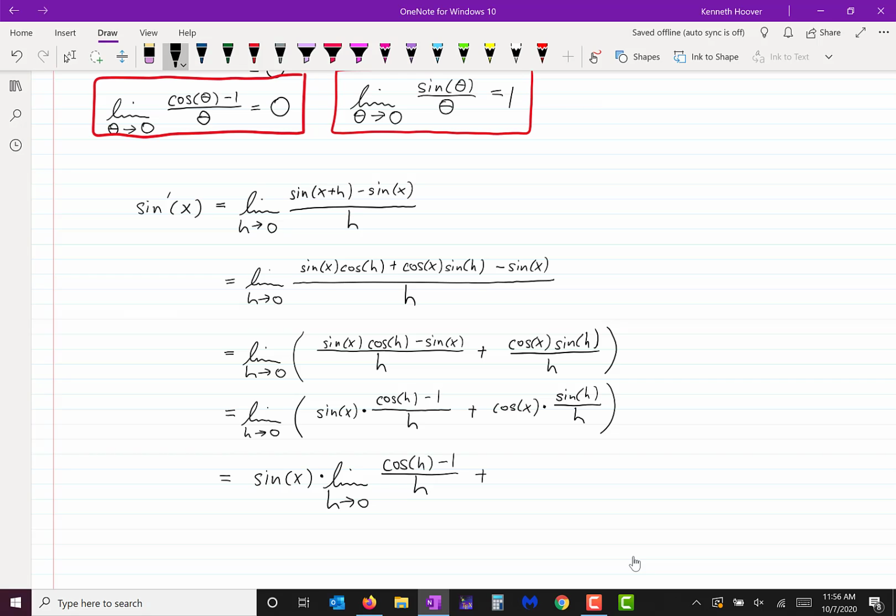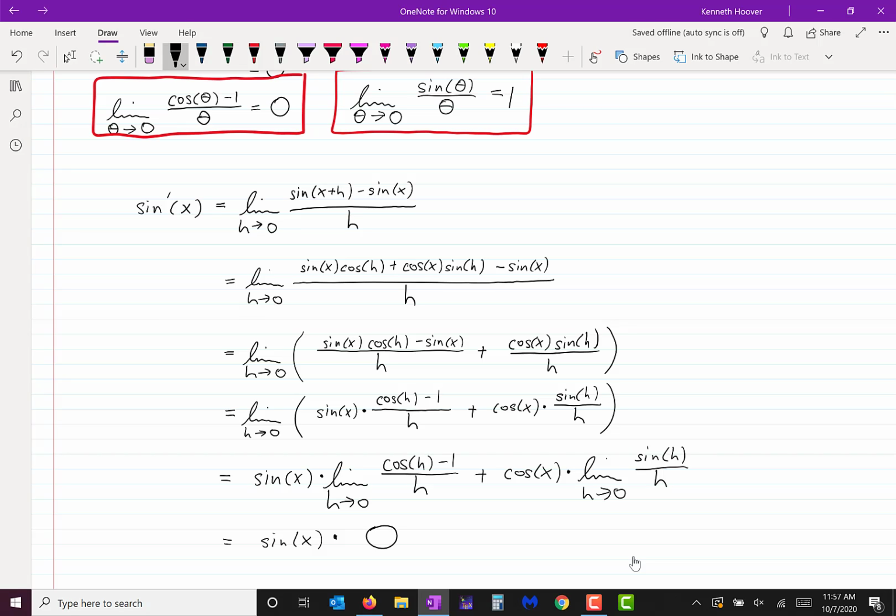And then we can write plus cosine of x times this limit, and those are exactly the two limits that we figured out. If you don't remember what they are, look in the red box at the top of the screen. We have here sine of x times what?